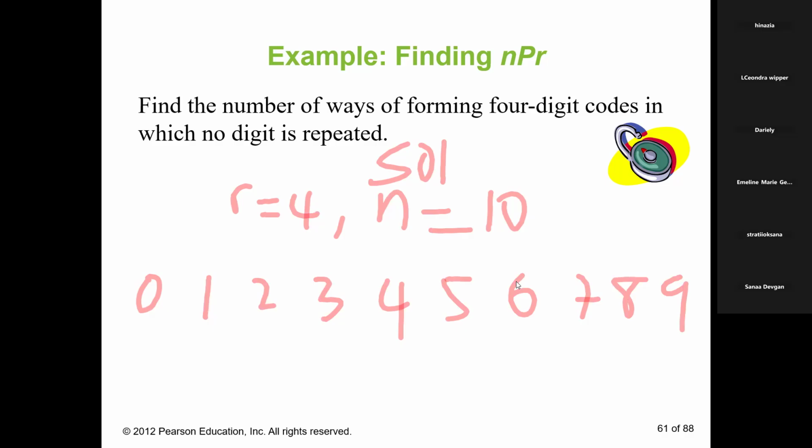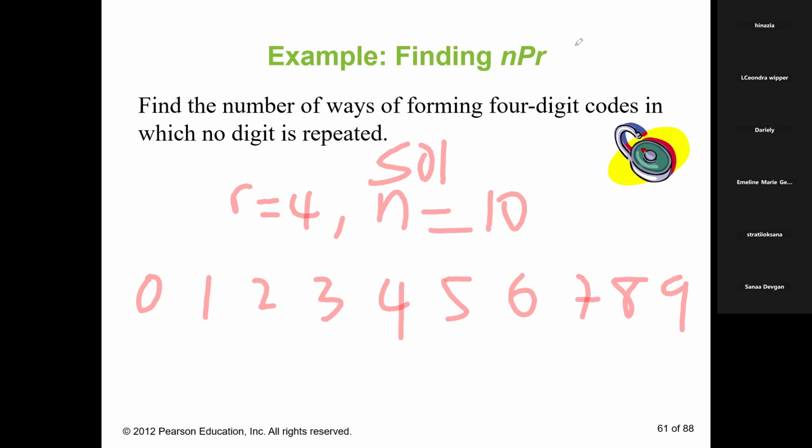Is this clear? Anytime you talk about digits, the digits are 0, 1, 2, 3, 4, 5, 6, 7, 8, 9. So there are 10 digits. That's why n is 10. Okay. You're going to choose 4 among the 10. Very simple here.